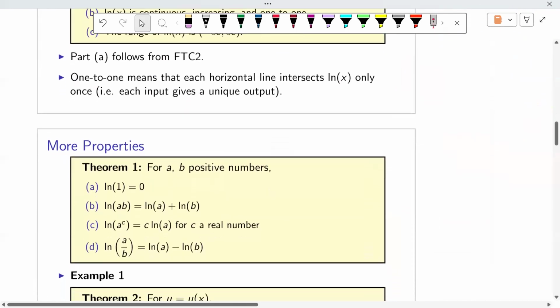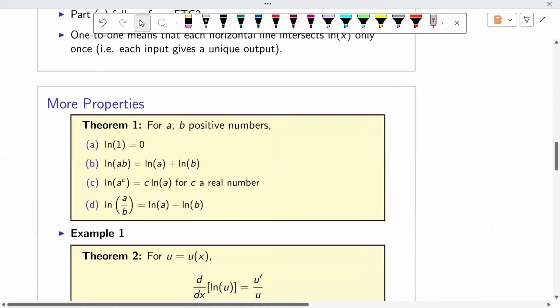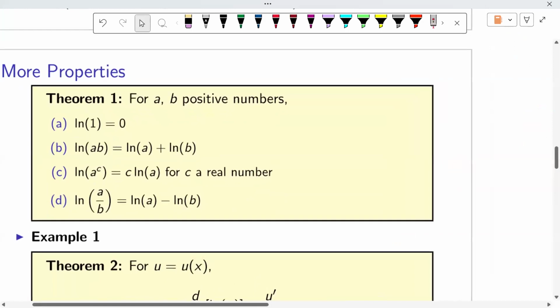All right. Now the natural logarithm is an unusual function. It has some mighty strange properties, and it'd be good to justify why these properties are true. But I'm not going to do that for now.